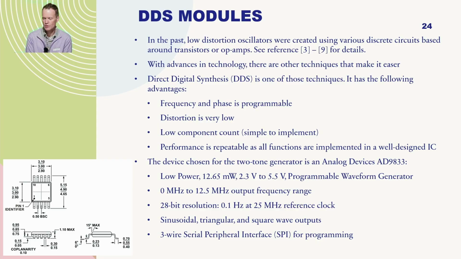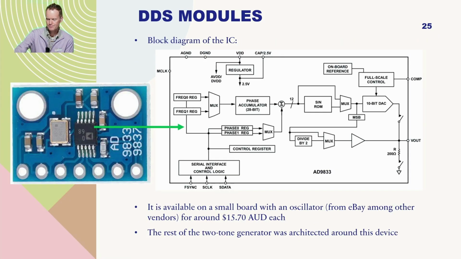So it's far more than I need, but it's pretty good. It can also generate sinusoidal, triangular or square wave outputs. I definitely didn't want triangular or square wave, I wanted nice clean sine waves. So again, it's good for this application. And it can be programmed with a 3-wire SPI, or serial peripheral interface, which is a standard programming bus, so it's easy to find things to program it with.